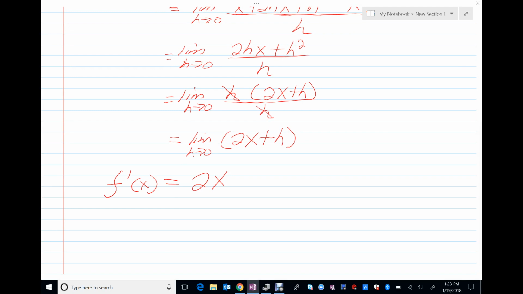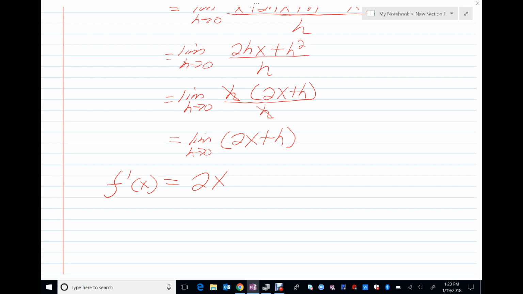So I now have taken the derivative not at a point, but I have taken the derivative of the function and come up with a derivative function. Let's see what that means, a derivative function.